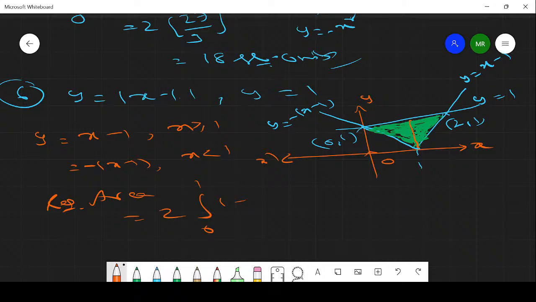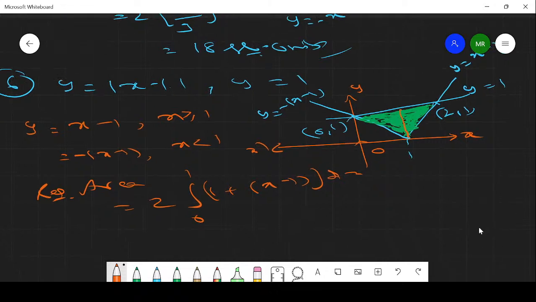So it will come as 1 minus of minus x plus 1, dx. So this is the upper curve, the lower curve is y equals minus of x minus 1. Upper curve minus lower curve.